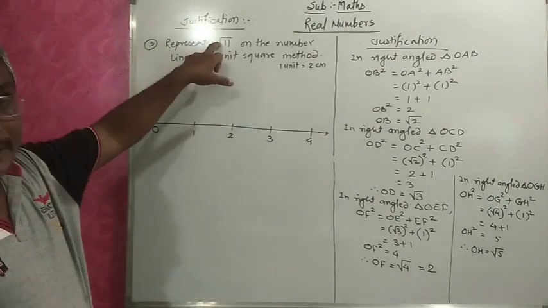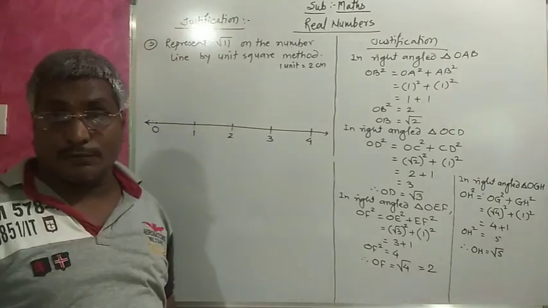What did we decide? Root 11 is coming in between 3 and 4.